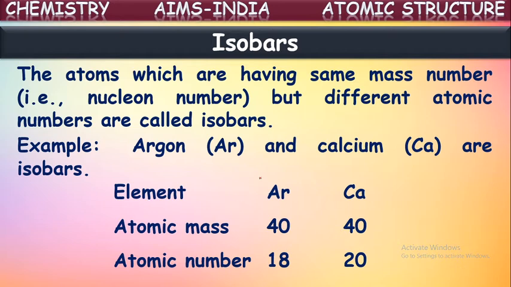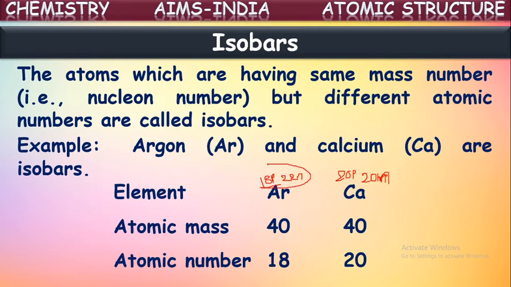Argon has 18 protons, whereas 22 neutrons are present in argon. Whereas if you see the calcium atom, it has 20 protons and 20 neutrons. The number of protons and number of neutrons are different for these two atoms.